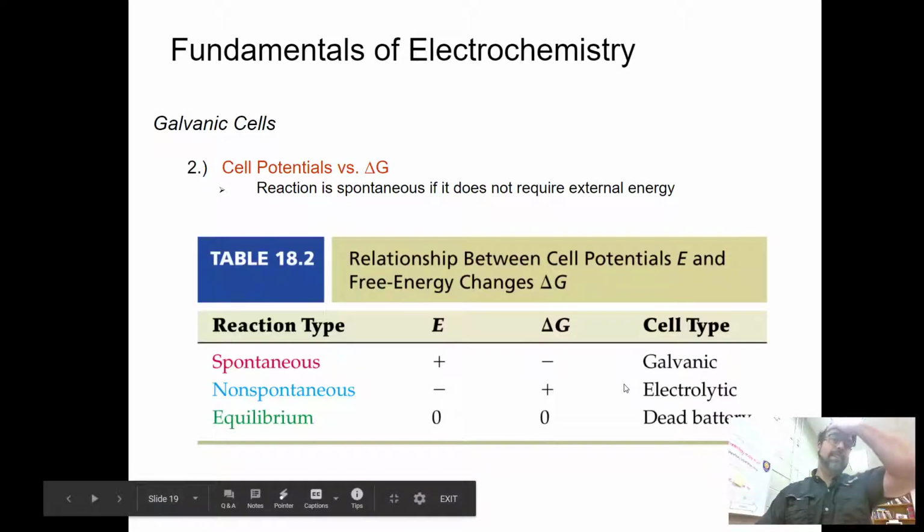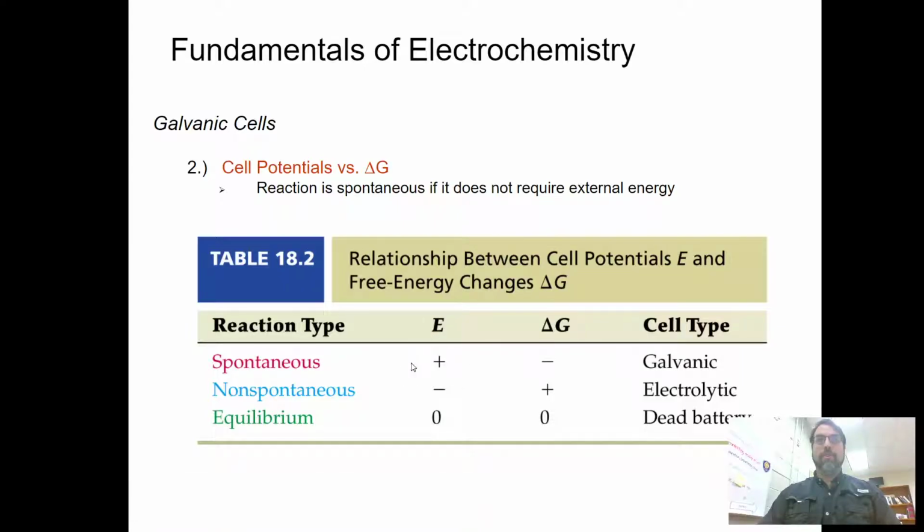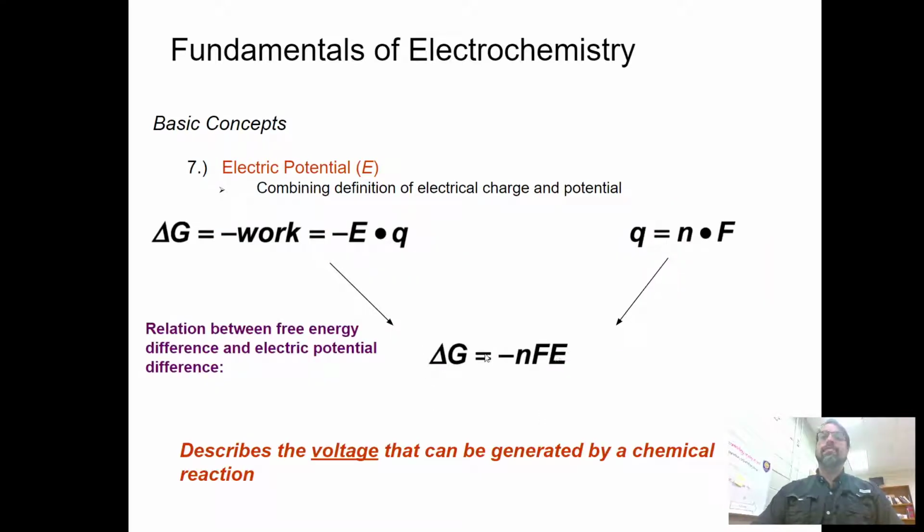One other thing that I need you guys to know is that in general, for a reaction to happen, we need to have a positive E, and that'll give us a negative delta G. So in order for work to happen, our change in Gibbs free energy has to end up being negative, okay? And that should make sense because we have this negative sign in front.